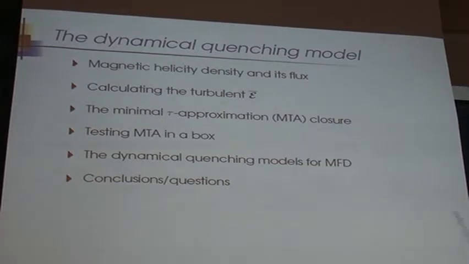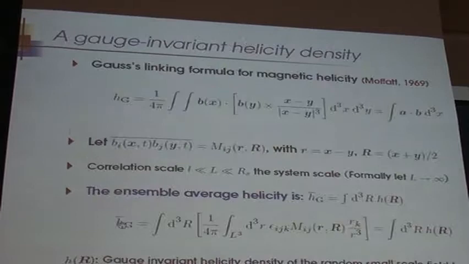I will in particular use an approximation which has come to be known as the tau approximation, and in the way in which we used it, I think Eric Blackman suggested, or we suggested, that it should be called a minimal tau approximation. I don't remember now. And then put all these things together to discuss this kind of dynamical quenching, and end with a few questions and conclusions.